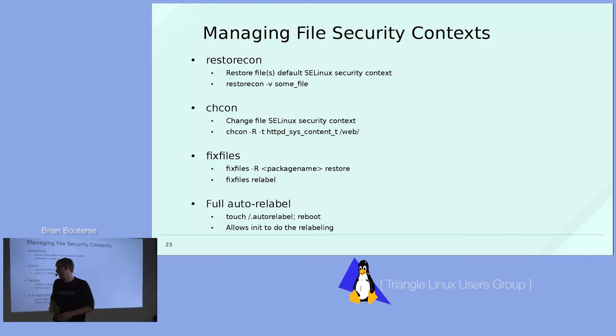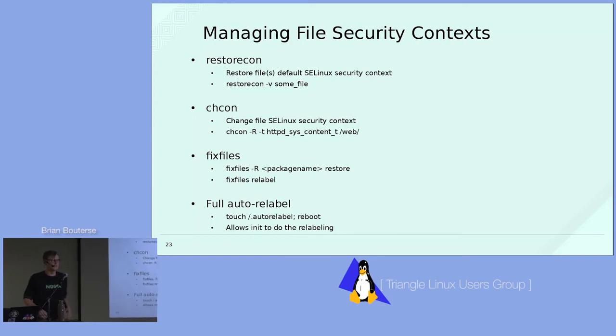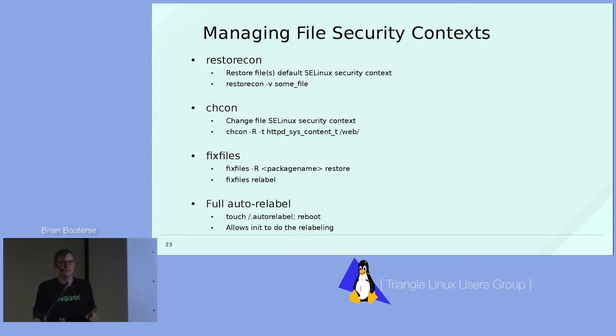That's a great point. The comment was an excellent comment. chcon does not survive a full relabel. It's a one-shot deal. So if you move your files into /web/, you apply chcon, and then you do a big relabel, which we'll talk about, or you install another policy or run fixfiles on a policy which has a rule that specifies a different label should be applied to /web/, well, it's going to do what it's supposed to do.